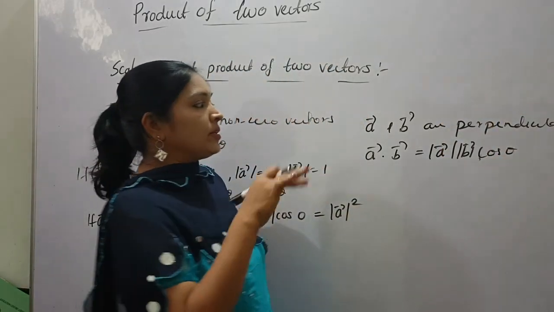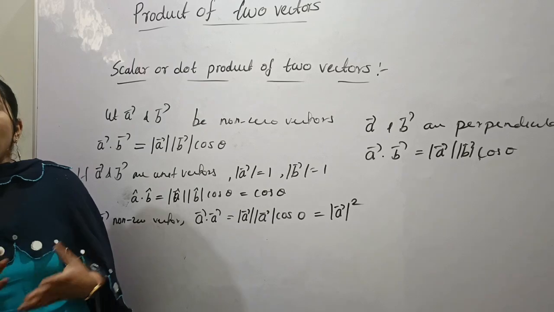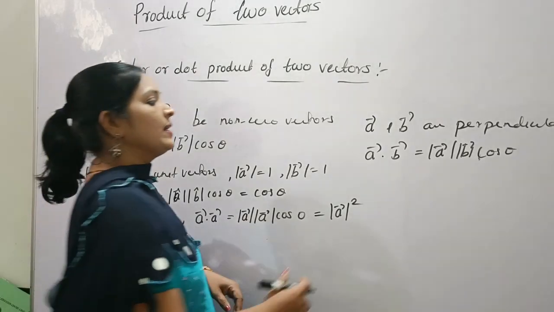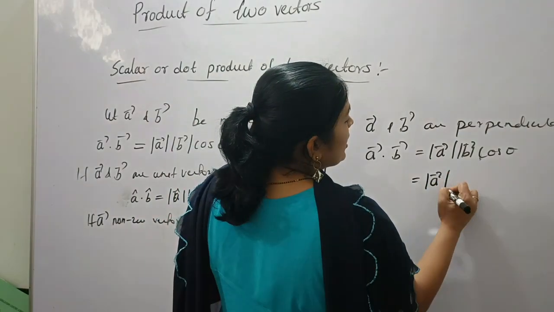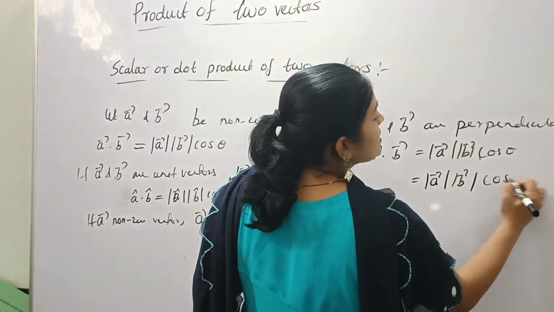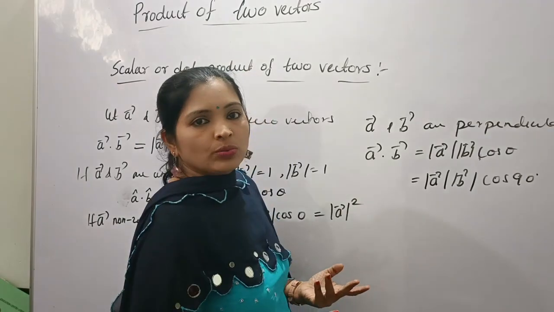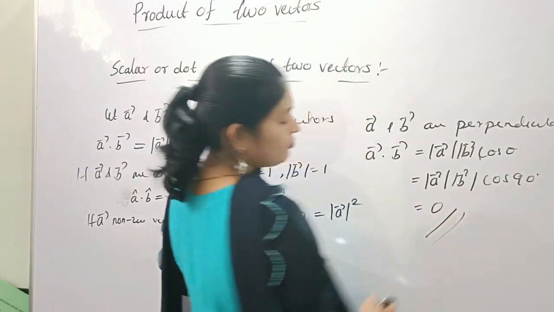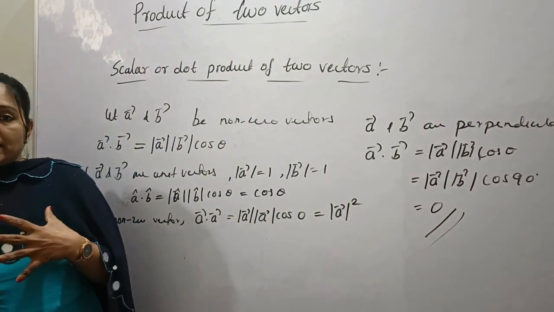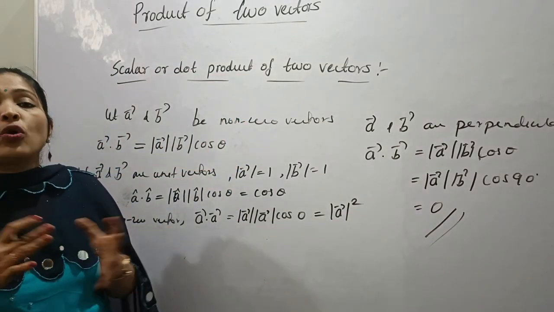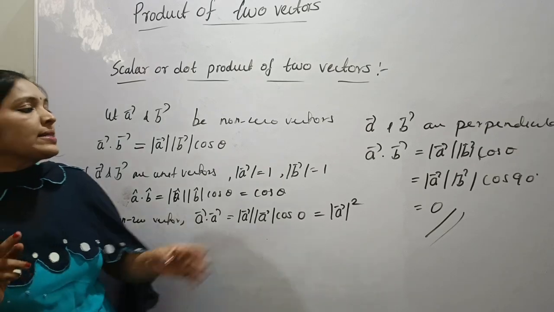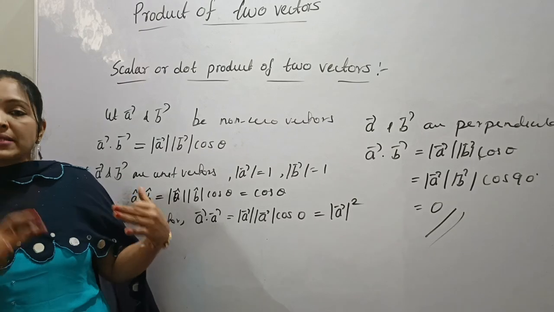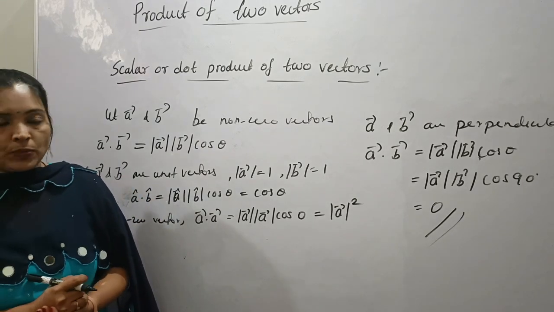Since they are perpendicular, the angle between them is 90 degrees. Therefore, theta is equal to 90 degrees. So it is modulus of vector A into modulus of vector B into cos 90. That is cos pi by 2, right? What is cos pi by 2? 0. So this will be 0. So remember, if vector A and vector B are perpendicular, then their scalar product is 0.